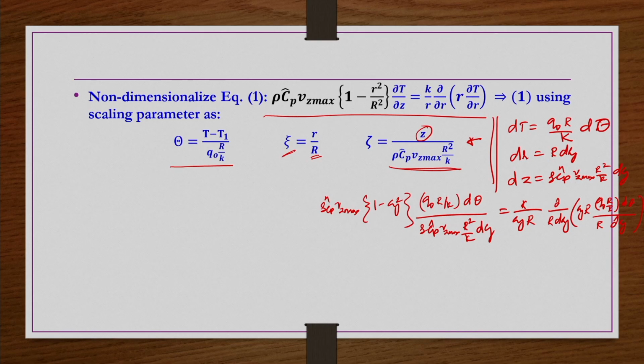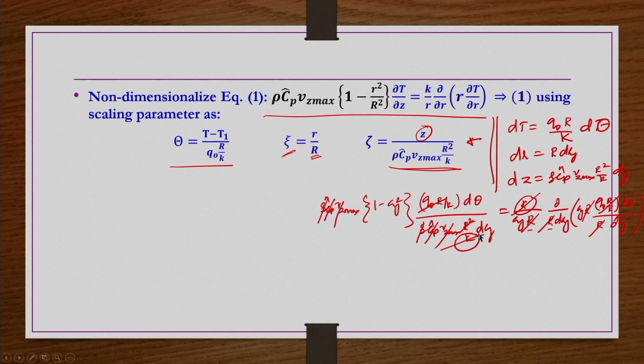So, now this is the equation. This rho Cp Vz max cancels out. This q naught R by k and this q naught R by k cancel out, this R cancels out. Here R and R square are there, so this R square cancels out, and then this k cancels out.